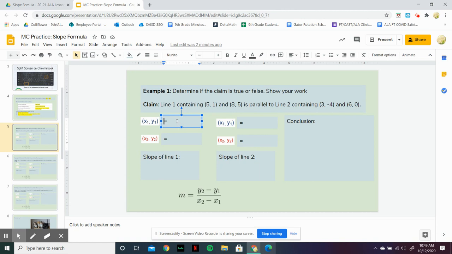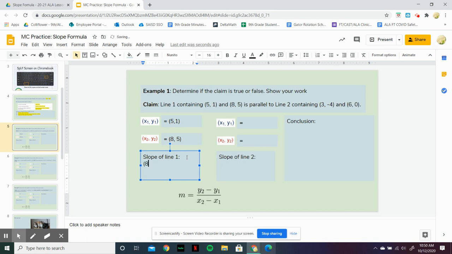The first thing I'm going to do is determine what is my x1, y1 point, and then what is my x2, y2 point to find the slope of line 1. So I'm going to say that x1, y1 is (5, 1), and x2, y2 is (8, 5).